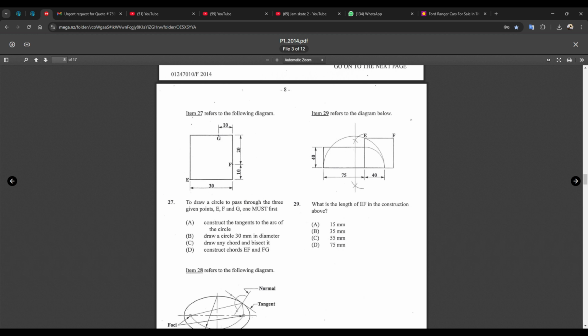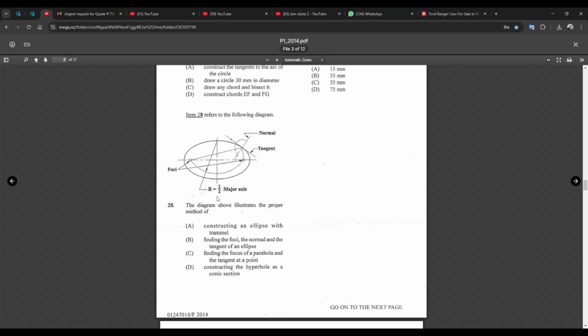Draw any chord and bisect it. Construct chords EF and FG. D. First, we have to draw EF and FG. These are chords on the circle. And then bisect them to get the center of the circle.